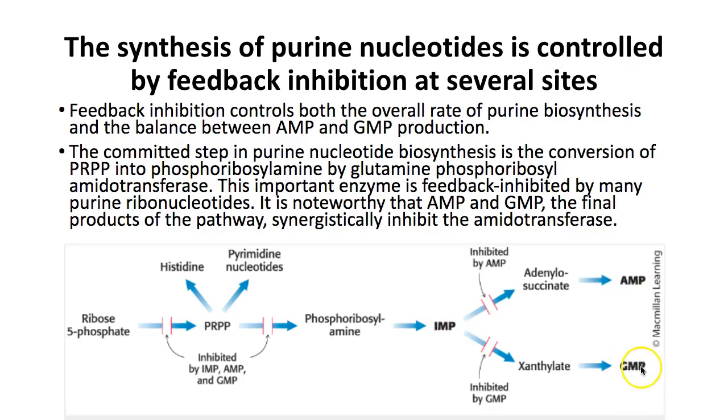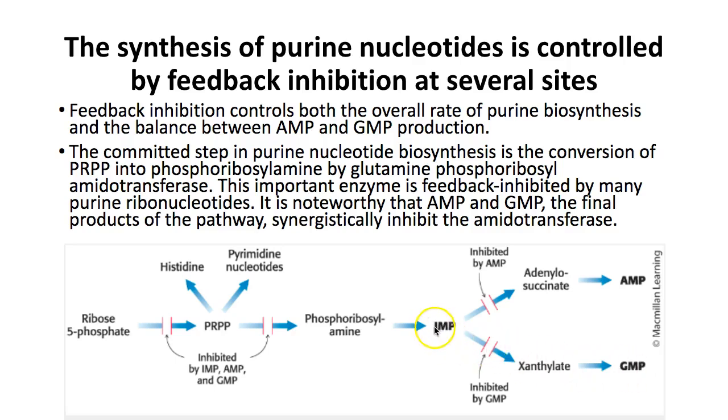And then GMP can be used as an inhibitor for the enzyme that converts IMP into GMP. And if you recall in the second part of the nucleotide biosynthesis series, GTP is used to create AMP, and ATP is used to create GMP. So that also helps out with this regulation of different types of purine nucleotides.